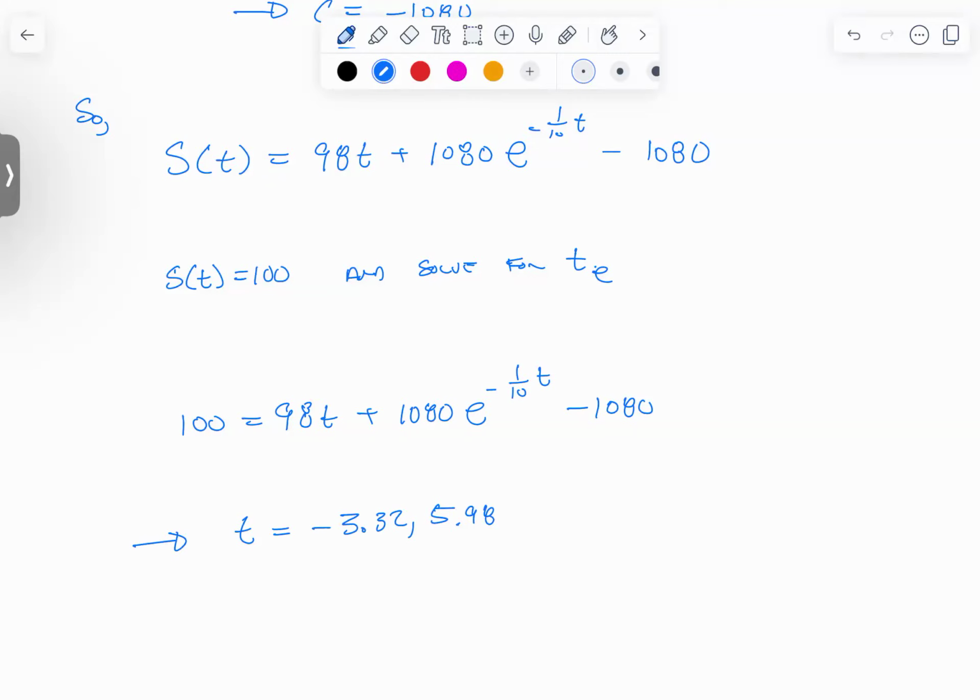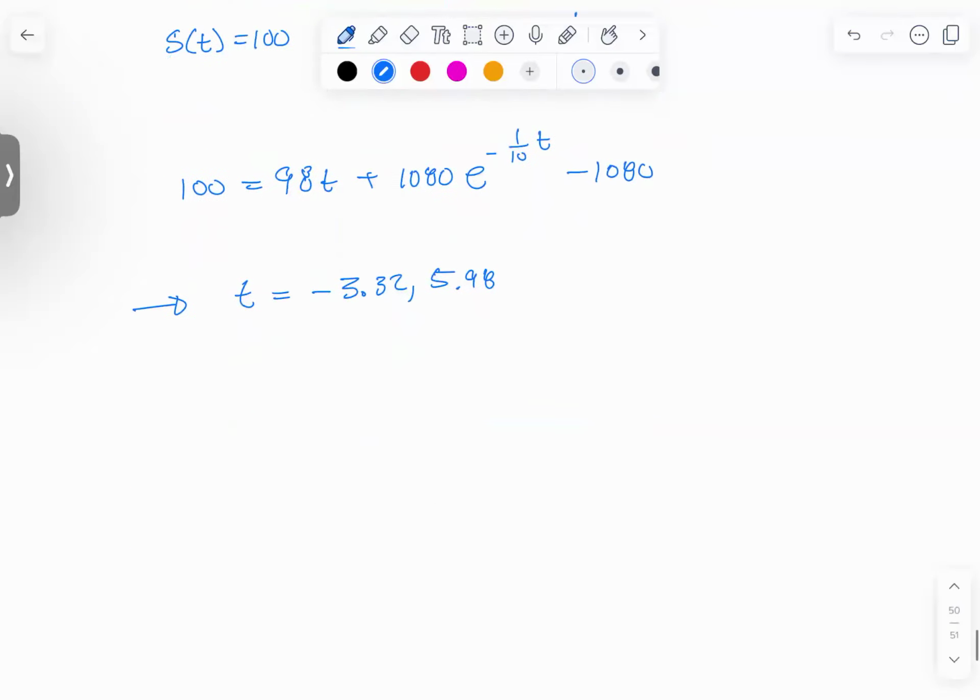That gives us t equals negative 3.32 and 5.98. Which one is the correct answer and which one is not allowed? You can't have negative time.